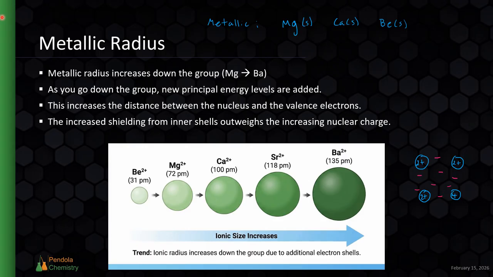When we have compounds of these elements, like, for example, the oxides or the chlorides, they're going to be ionic.